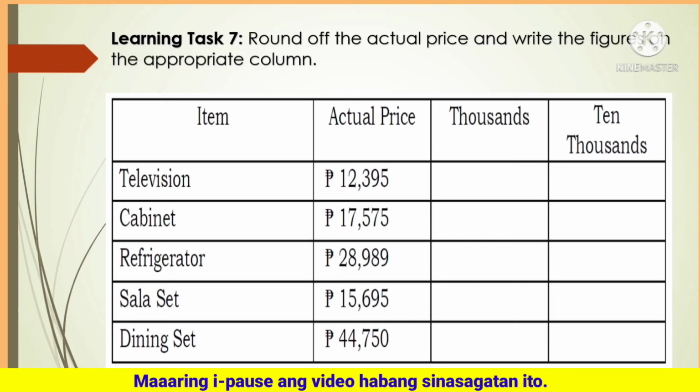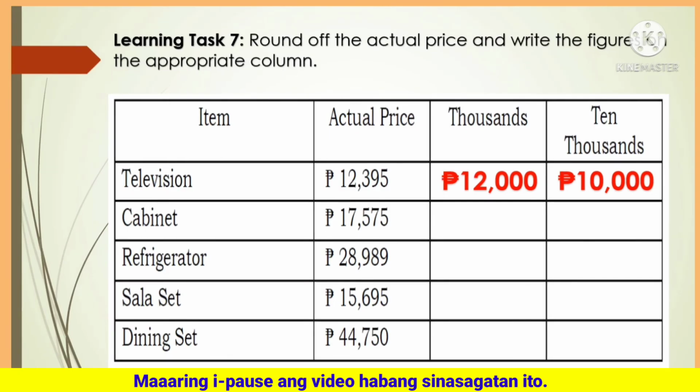Now, kailangan lang nating i-round off ang actual price sa thousands and 10,000s. So, 12,395 rounded to the nearest thousands will become 12,000s. While, if we are going to round off the actual price to 10,000s, this will become 10,000s. Now, gawin mo naman ang mga kasunod na bilang.